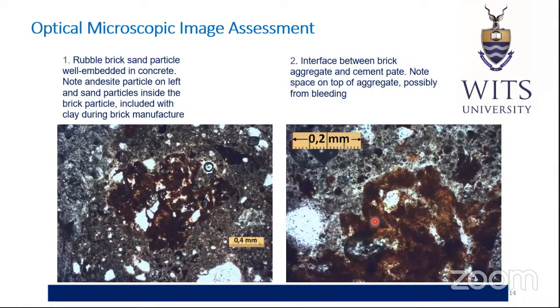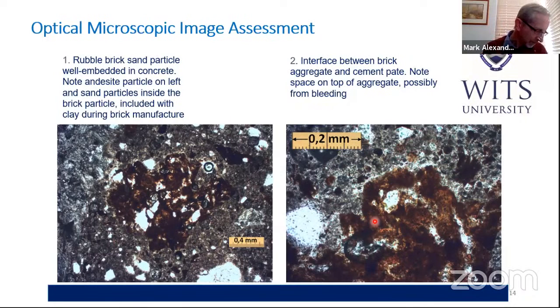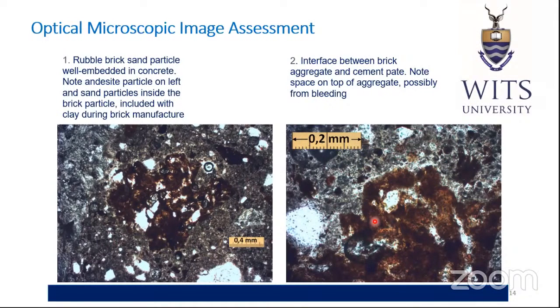After looking at the durability index results, we moved on to the optical microscopic image assessment of the brick concrete. This dark brown color here on the first image is the sand particle embedded in concrete during the casting, and the whitish color here circled in blue is the sand particle inside the brick particle that was included during the manufacturing of the clay brick.